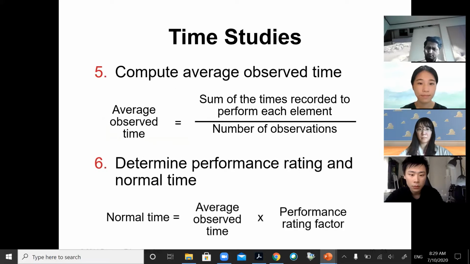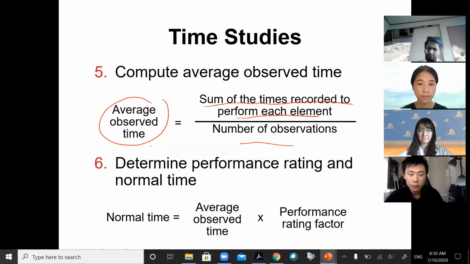Then you compute the average observed time. So once you have your time taken for all the elements, I'll show you an example after this. Then you can compute average observed time. Average observed time is the sum of the times recorded to perform each element divided by the number of observations.